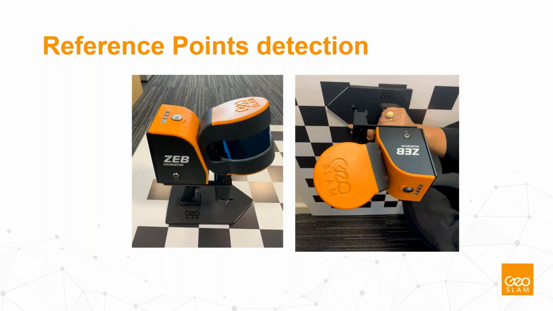Obviously, recording reference points on the wall is a bit more tricky because you need to make sure it's stable, and it is a somewhat uncomfortable position to hold it in, but please make sure you are as stable as possible when marking those reference points, especially on the wall.